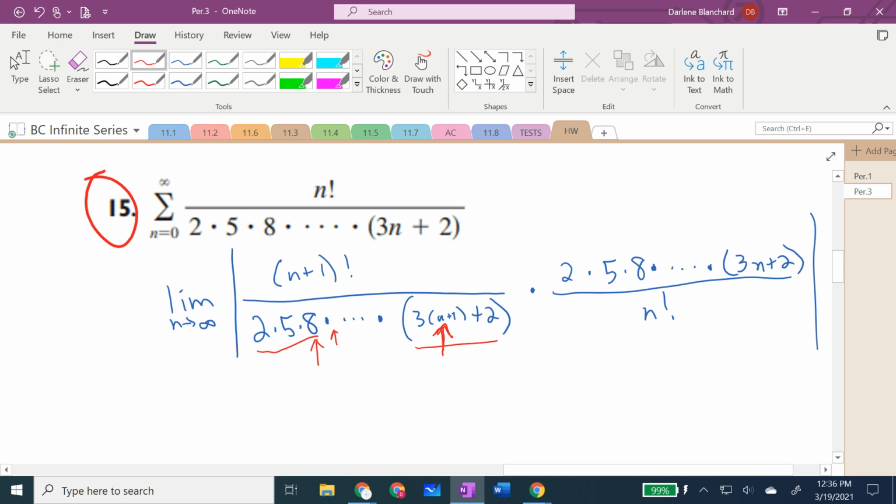Also, when you're plugging in n+1, you're actually looking at what would have been the next term. And you want to realize that every time you go up by one n, you're adding another number to be multiplied.